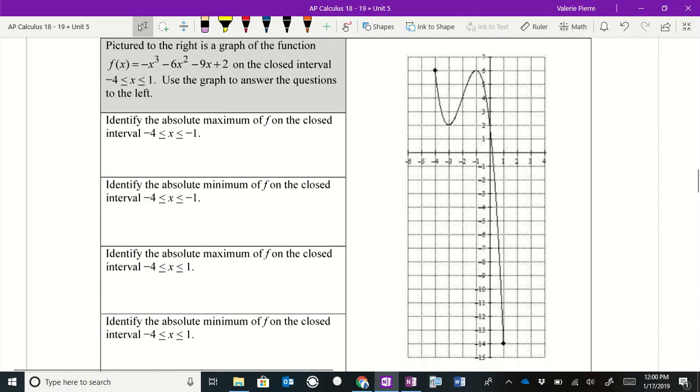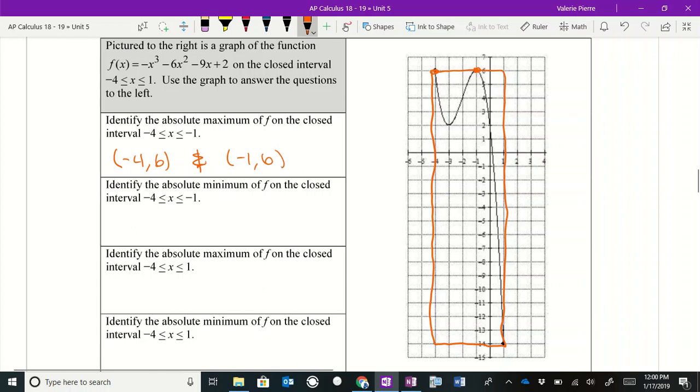So from -4 to 1, here's our graph in that box. The highest points of this graph are here and here. So we have -4, 6 and at -1, 6.